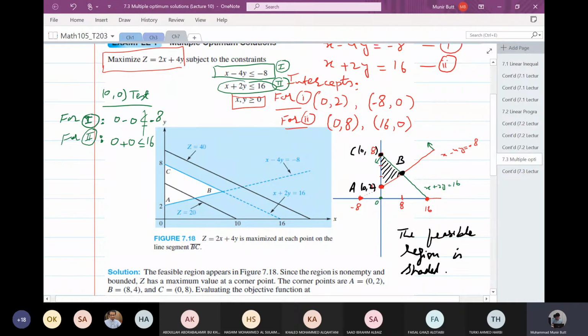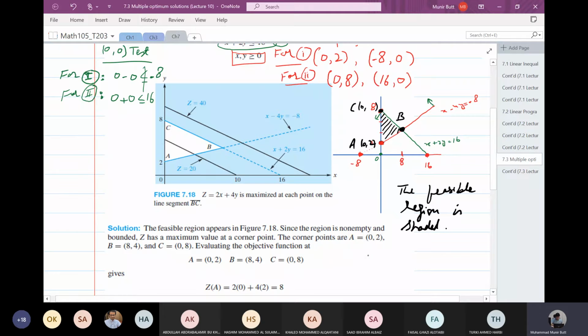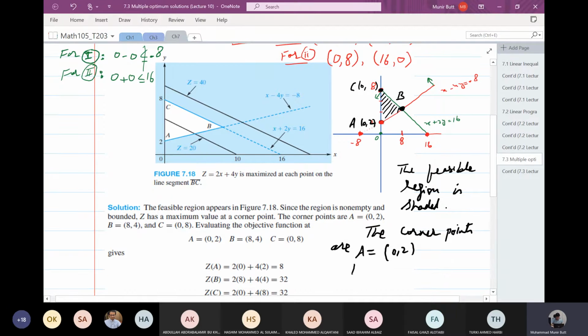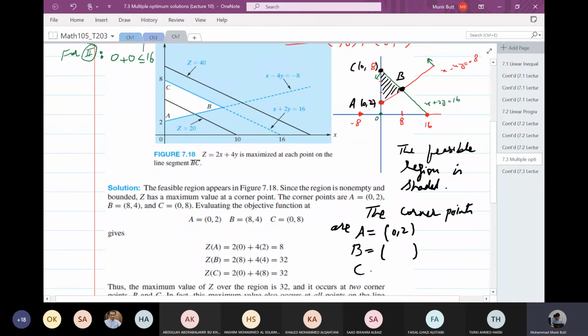Okay, and the corner points are A, and what was this, 0 and 2, and then B. We have to see what is the B, and C is what, 0 and 8.